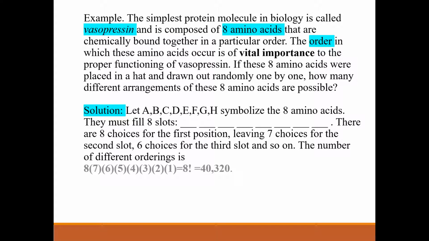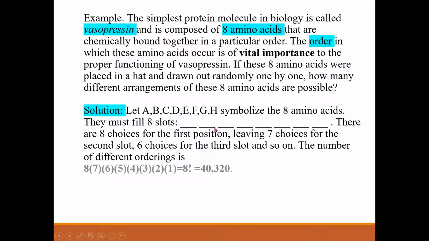You see, when we are drawing things one by one, we can consider that we have 8 slots, because there are a total of 8 amino acids. So there are 8 slots, and we wish to see in how many ways these slots can be filled. Say these letters represent different amino acids. For the first slot, I can choose from any of these 8 amino acids, so I have 8 choices.